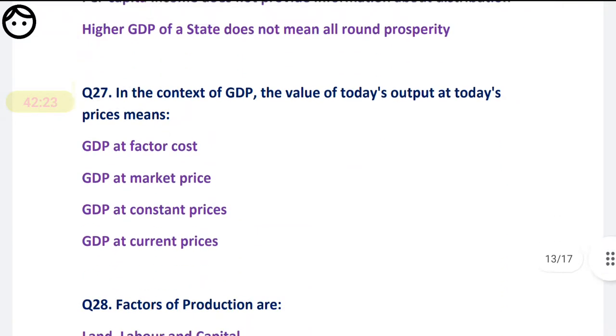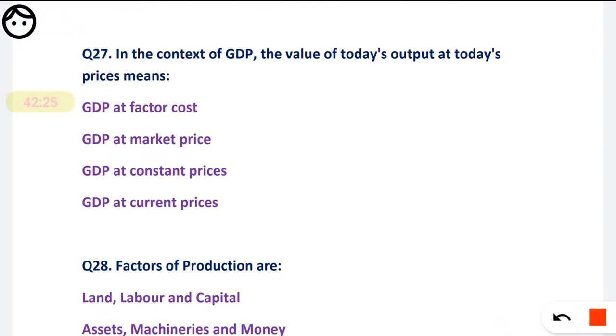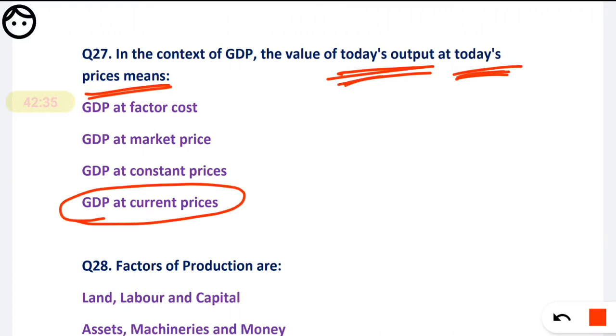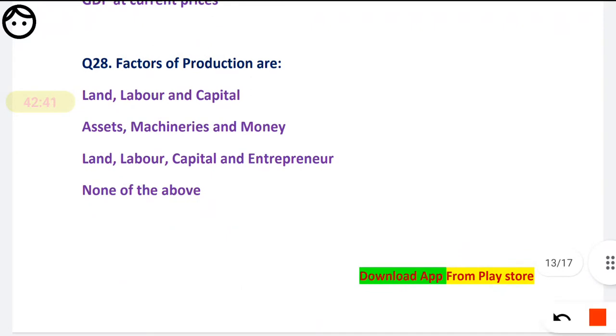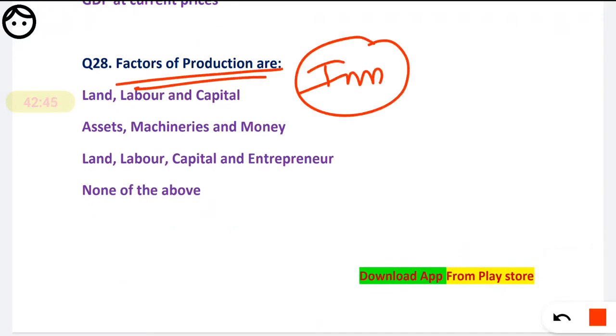Now question number 27, in the context of GDP, the value of today's output at today's price. Very easy. Today's output, today's price, that means GDP at current price. Now question number 28, the factors of production are, this is important friends. What are the factors of production?